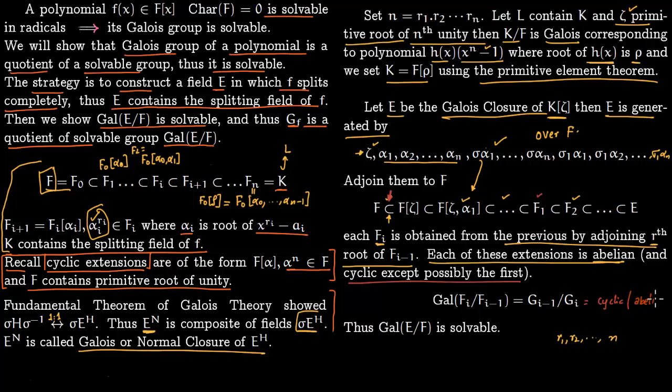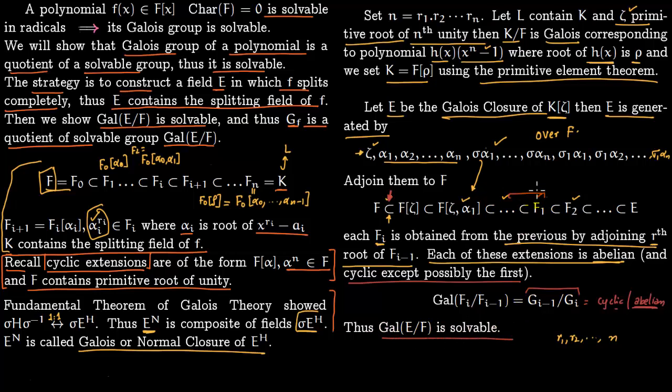So rather than taking cyclic, just take abelian, and then you have, each of these, you can form a chain of groups like this. Each of them is a normal subgroup of the previous one, and their quotients are abelian. So therefore you have a chain corresponding to every extension here, corresponding to any extension here, you have a chain which will form like this, and therefore your Galois group is solvable.